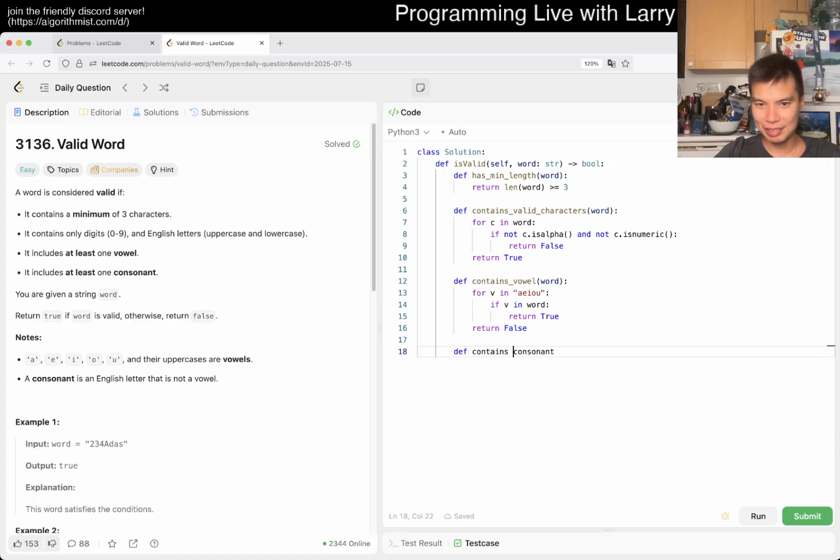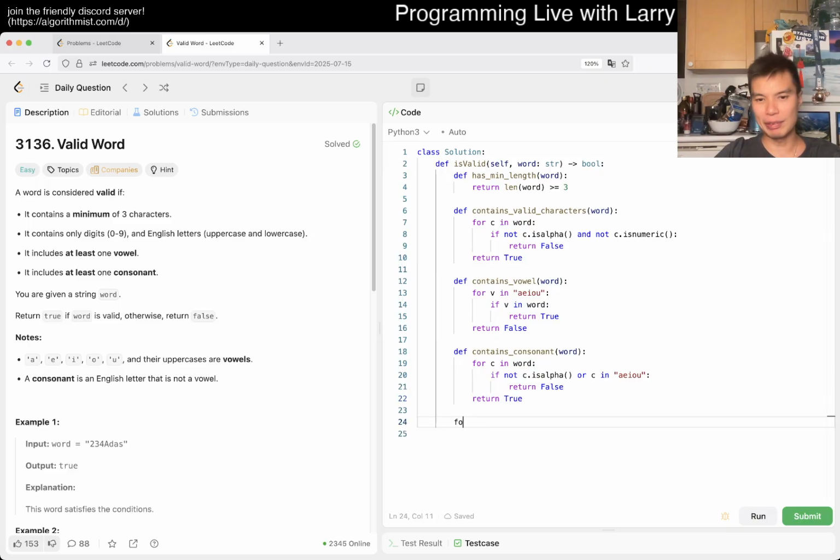So for c in word, if c is alpha and c not in AEIOU, then this is good. So that means we want the opposite of that, and again we can De Morgan it. And there you go.